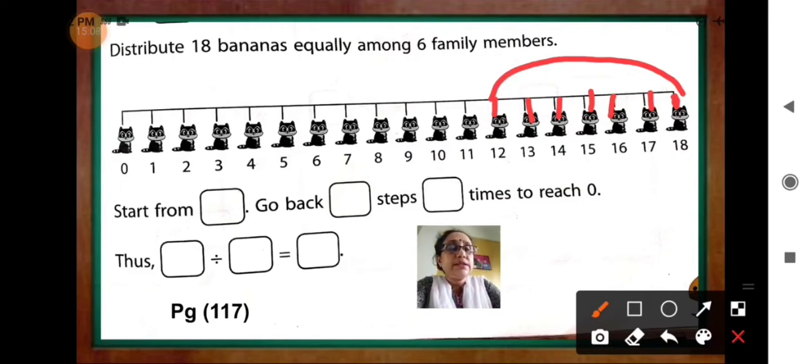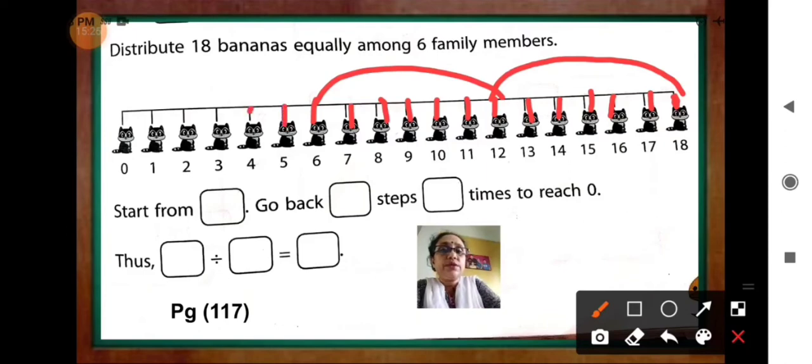Now again start backward counting. 1, 2, 3, 4, 5, 6. Now slowly draw this line. We have reached 6. Now from 6 again go back, 1, 2, 3, 4, 5, 6. Now we have reached 0.